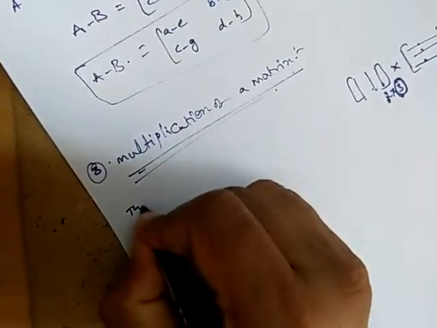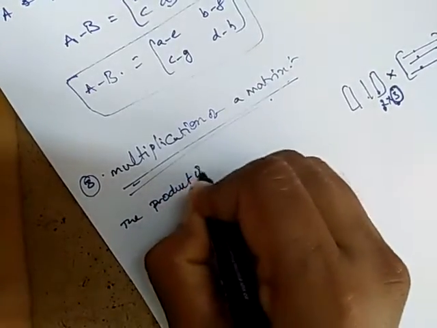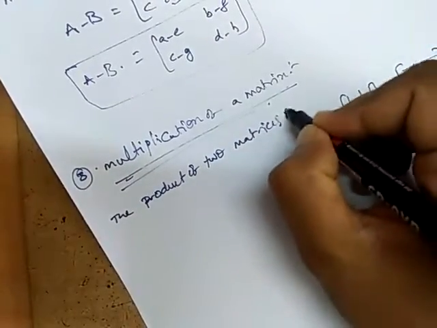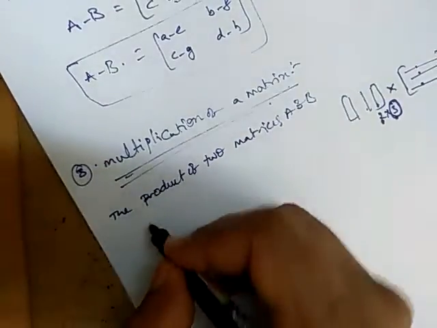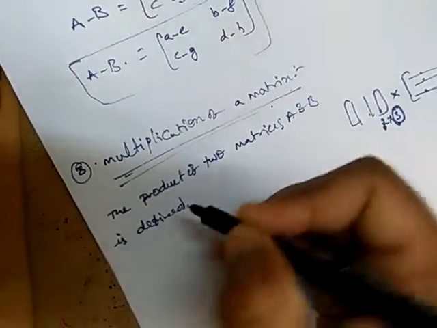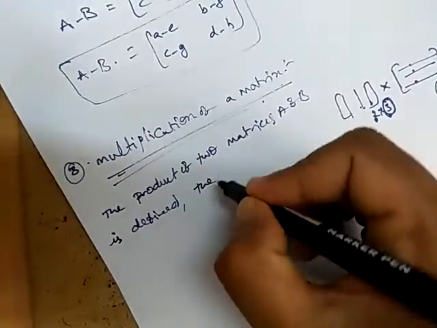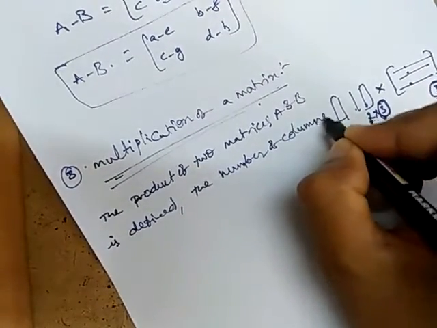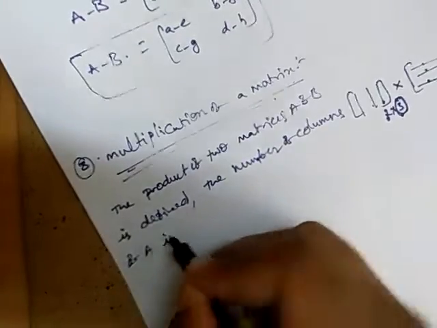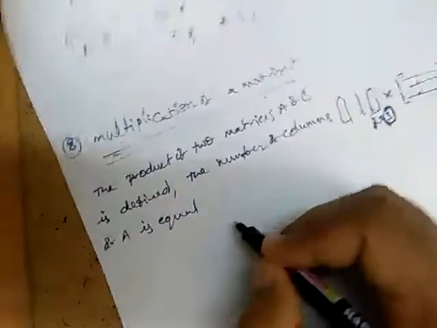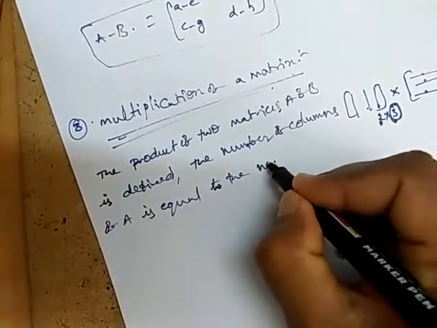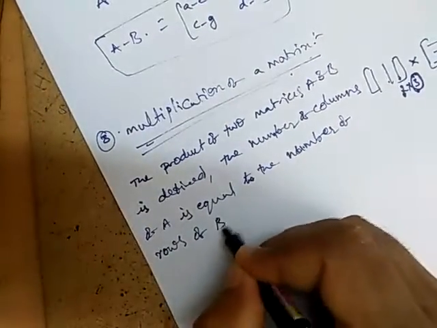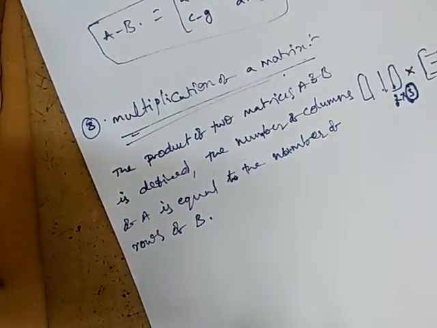The product of two matrices A and B is defined when the number of columns of A is equal to the number of rows of matrix B. This is the definition for matrix multiplication.